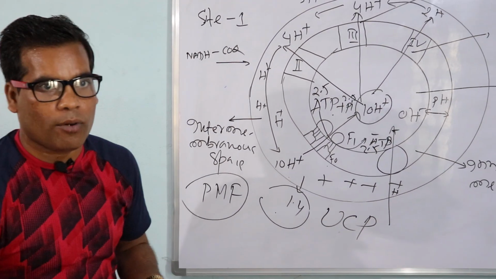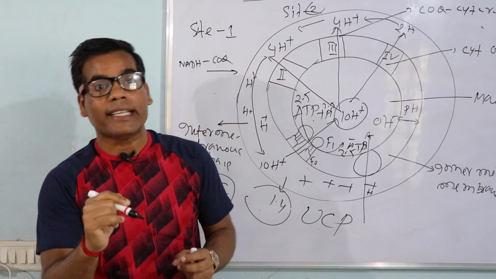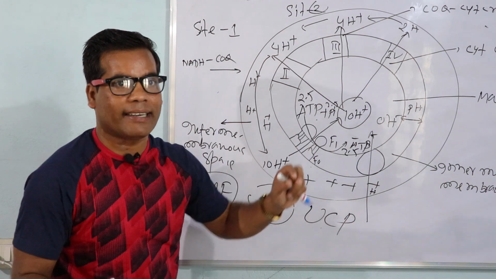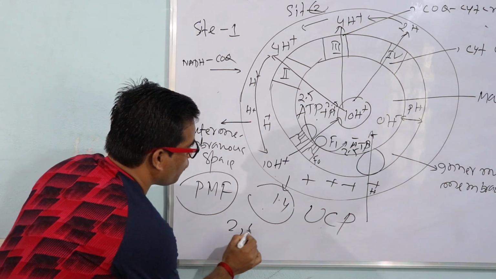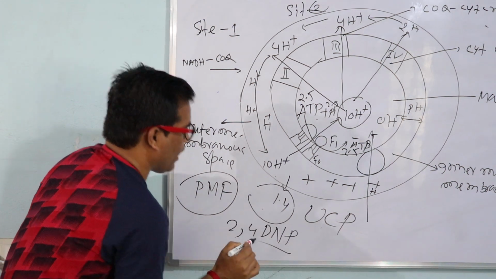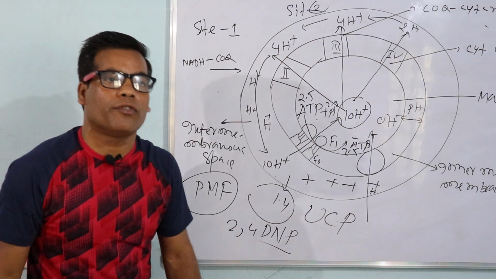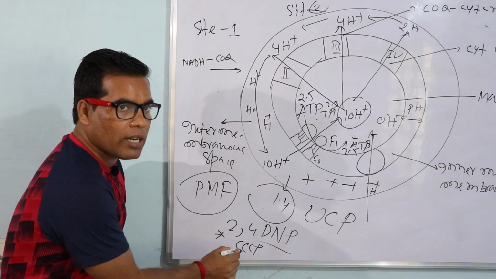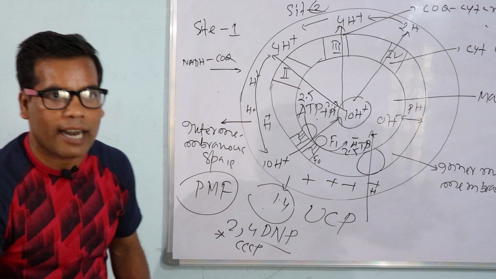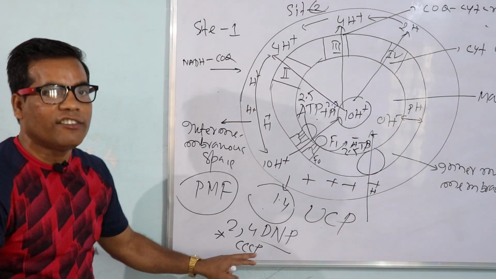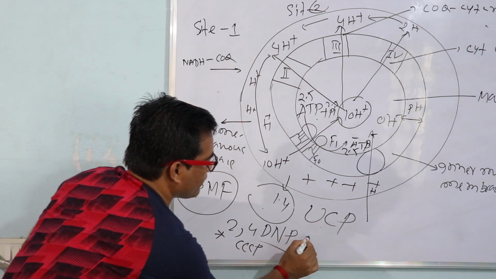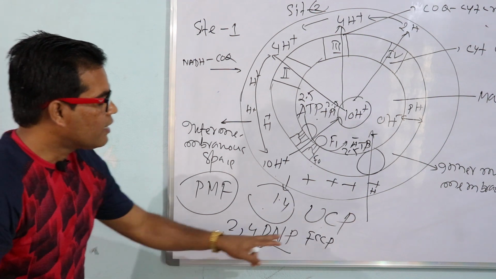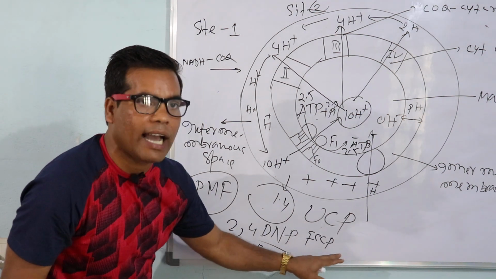Examples of metabolic uncouplers are chemical substances which increase the proton transfer from the intermembrane space to the matrix. Example one is 2,4-dinitrophenol. Second example is CCCP, carbonyl cyanide m-chlorophenyl hydrazone. And another is FCCP, trifluorocarbonyl cyanide phenyl hydrazone.